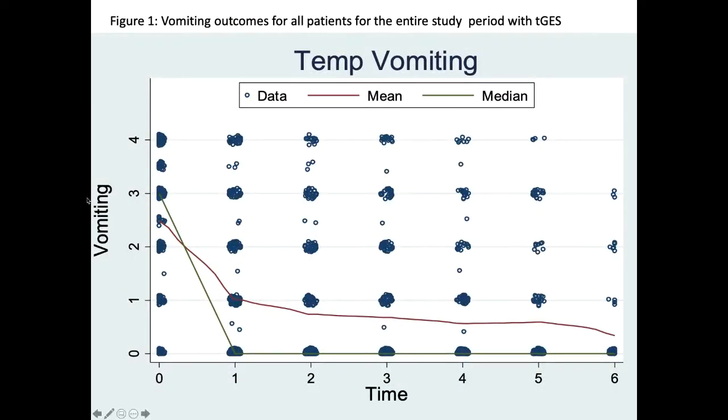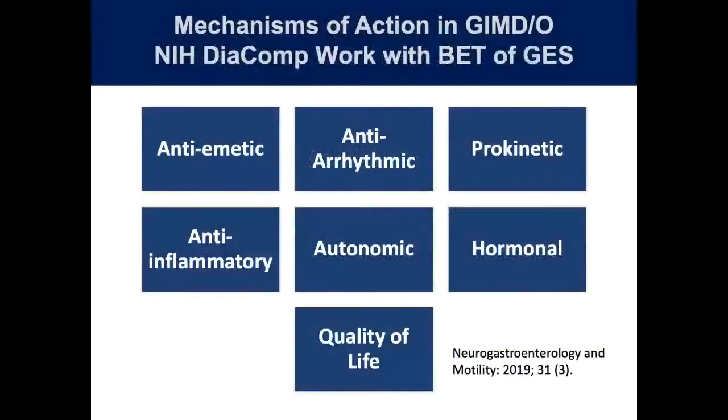You're vomiting less within 12 hours. This is mean and median vomiting for 5 days from a large group of around 140 patients. Actually, the median goes to 0. So it's an incredibly strong antiemetic. And we use that as a way to select who's going to get a permanent device. And you probably see some of these patients. You see the ones that may not do well.